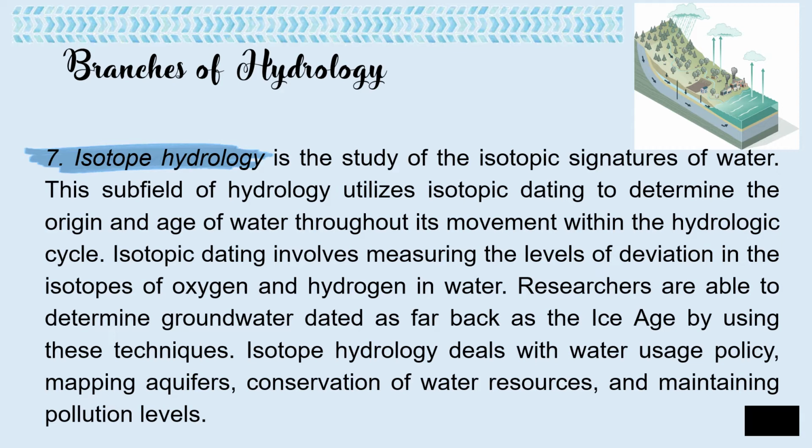Ang sabi sa Google, isotopes are two or more types of atoms that have the same atomic number. So, ang goal ng isotope hydrology ay i-evaluate ang age and origin of groundwater or surface waters. Since same composition or almost similar sila, diba?